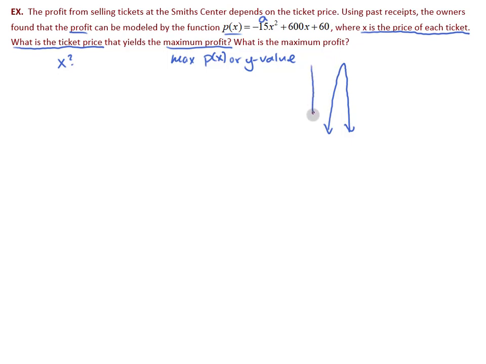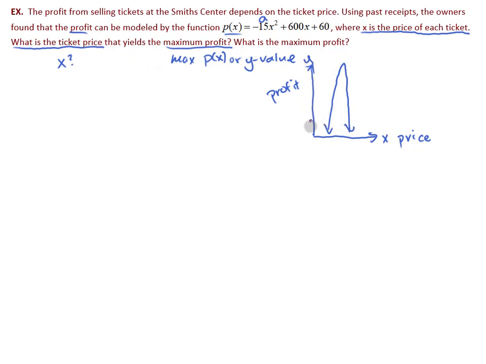And we're graphing, of course, if these were our coordinates. It doesn't matter exactly where they're at here. But x is our ticket price. Price, okay. And then our y value is our profit. So what is the ticket price that yields the maximum profit?